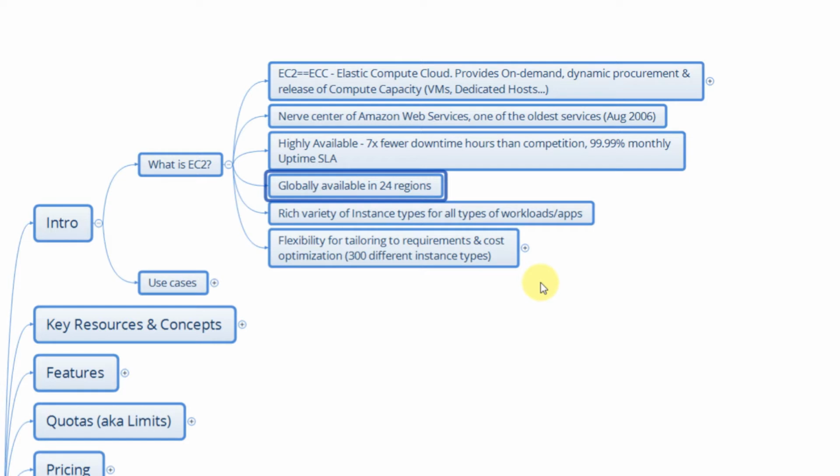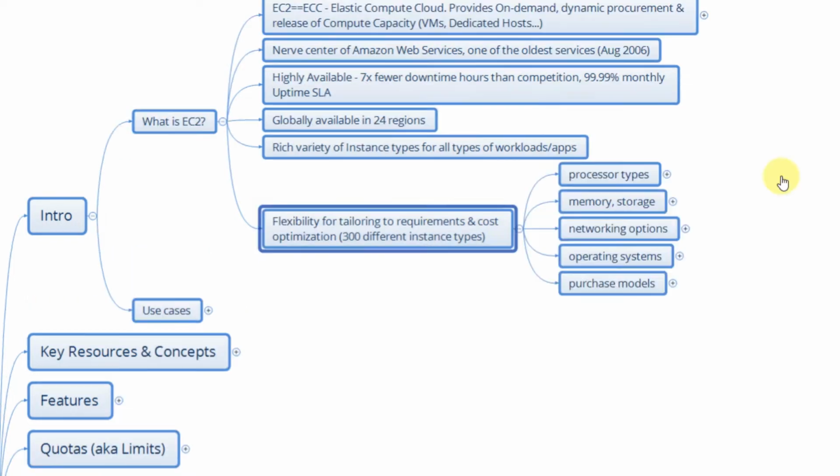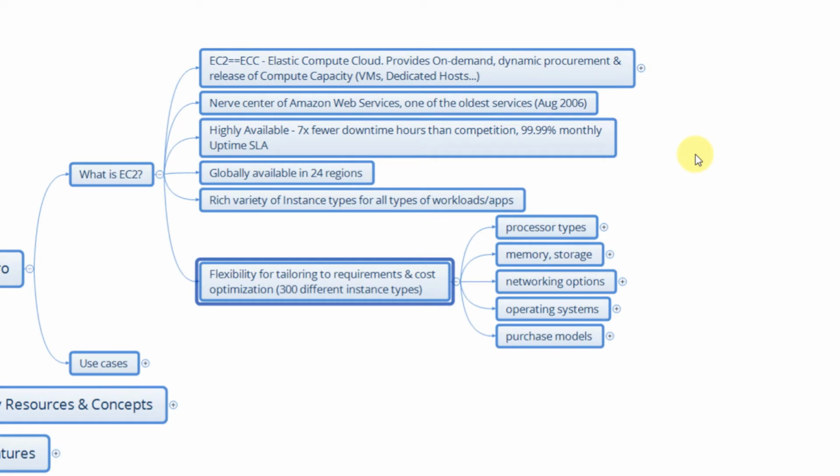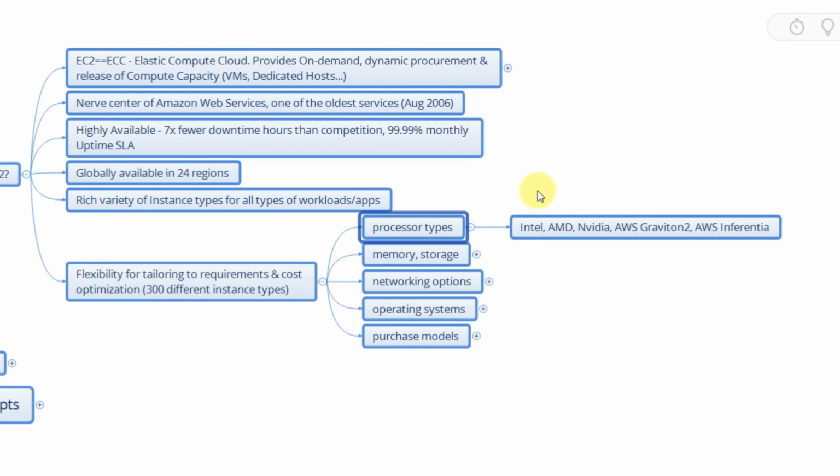It provides amazing flexibility to tailor the capacity to your requirements. And it also helps you optimize your costs by providing almost 300 different instance types that you can tailor to your requirements. So you get different processor types in AWS EC2: Intel, AMD, NVIDIA, and so on.